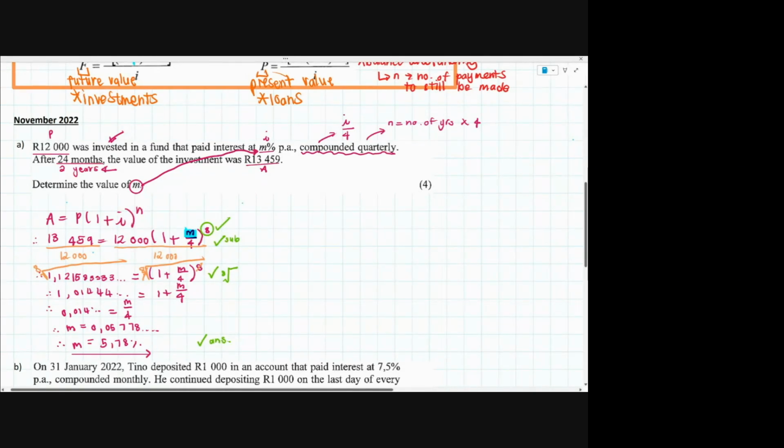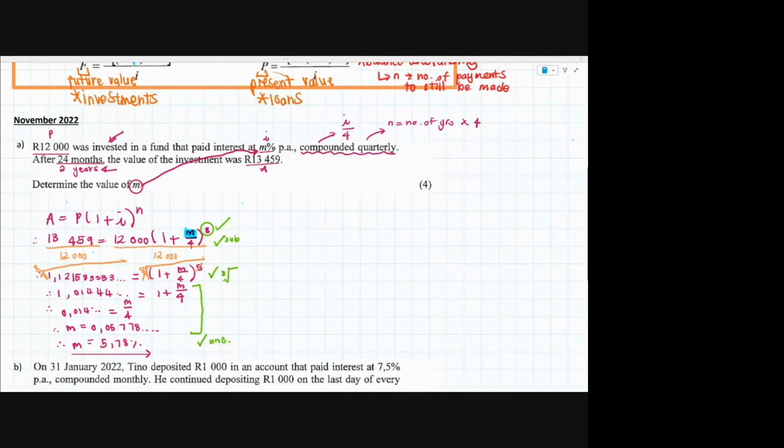So as you can see, all of this working out doesn't really make a difference to your marks. Even if you didn't necessarily show the 8th root, but you got to the right answer, you'll get 4 marks because we will assume that your working out has occurred correctly. My advice, try and show each step.